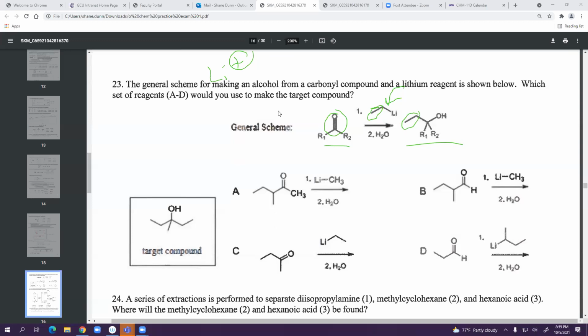They get added right there. And then what did my ketone become? That is true for all ketones that react with lithium. You add whatever was attached to it, correct? And the ketone becomes an alcohol group. Does that make sense? Does not make sense? Okay.